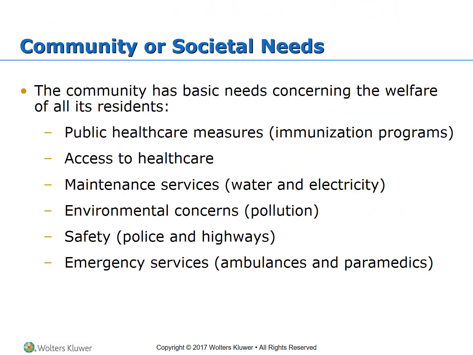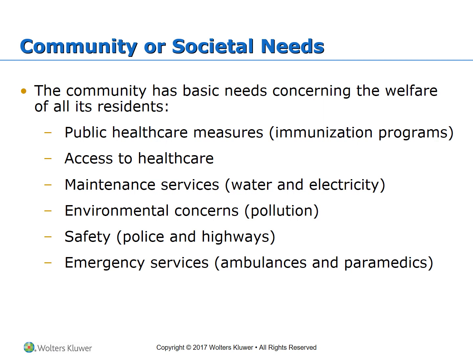So, community or societal needs. The community has basic needs concerning the welfare of its residents: public health care measures, immunization programs, access to health care, which is the Affordable Care Act, maintenance services, water, electricity, waste disposal, environmental concerns, energy sources, pollution, safety such as police, highways, and emergency services such as 911, ambulances, disaster preparedness drills.